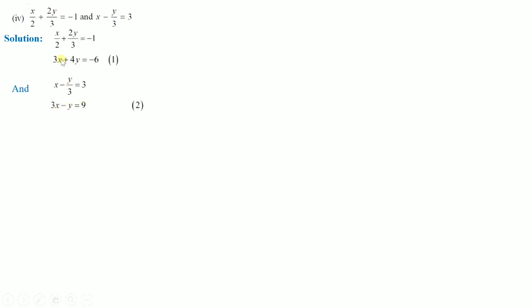So automatically we got the coefficient of x and the coefficient of this x equal. So directly we'll go for the subtraction because of the same sign. Subtracting equation 2 from 1. So first of all we'll write 2, 3x minus y is equal to 9, and first is 3x plus 4y is equal to minus 6.